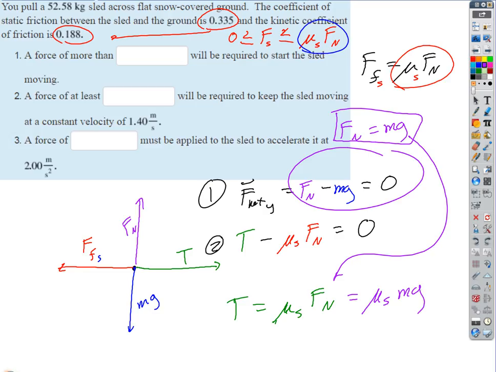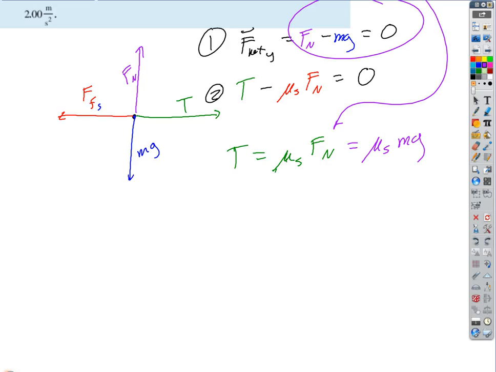And so that's going to vary. If it weighs 100 pounds, I'm going to have to pull with 33.5 pounds. If it weighs 200 pounds, I got to pull with 67 pounds, right? See how that works? But for the sake of this problem, we just plug in those numbers and get our answer.